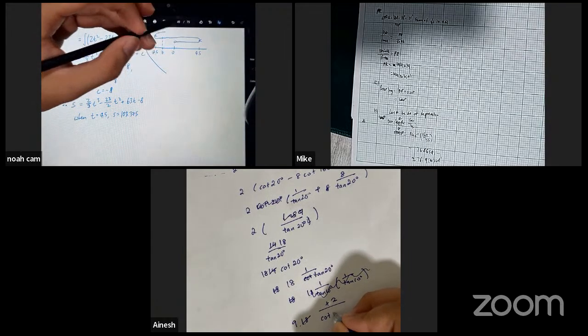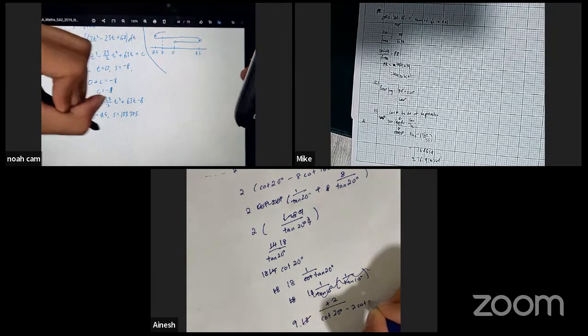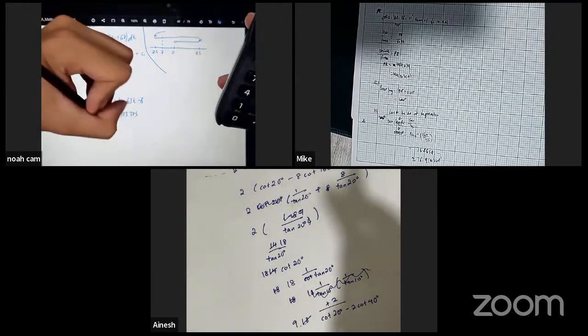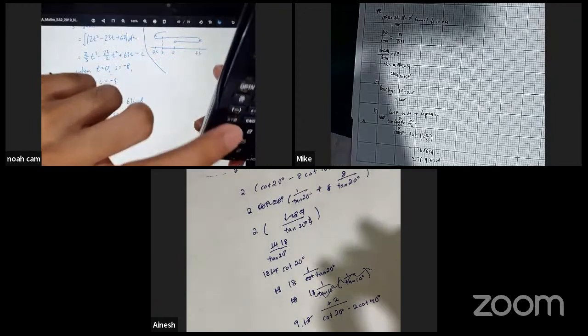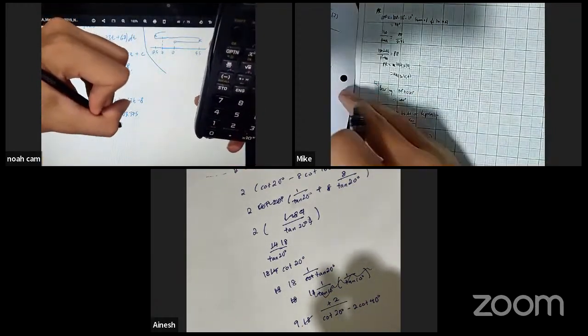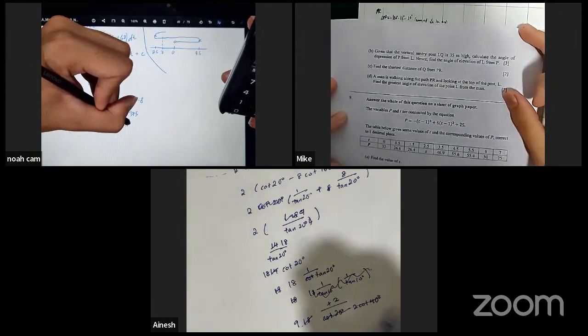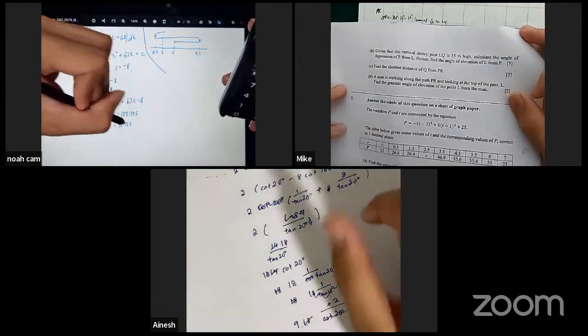Yes, Michael? So Ainesh, you're going from 20 to 10, yeah? So this must be wrong already. So don't do that. Do something else, but still using A. Yes, Michael?